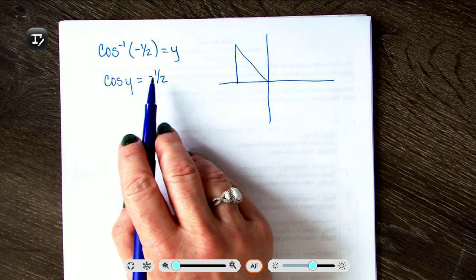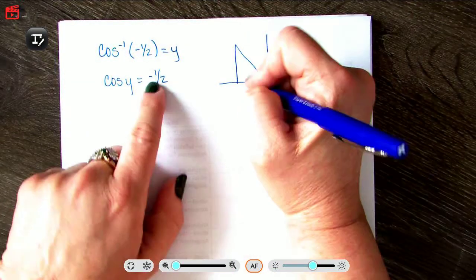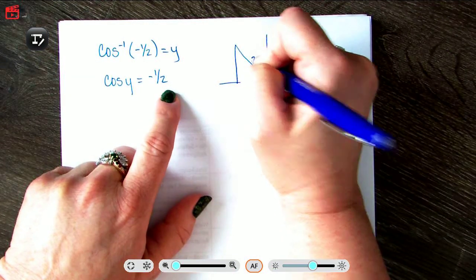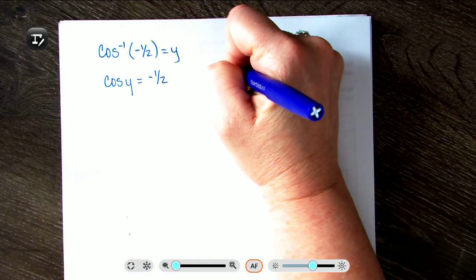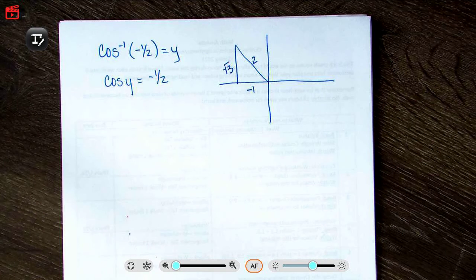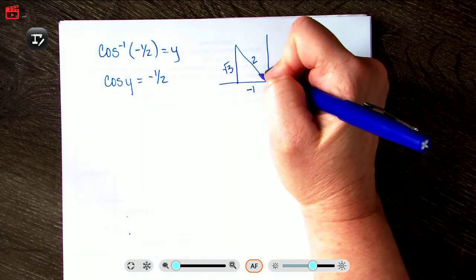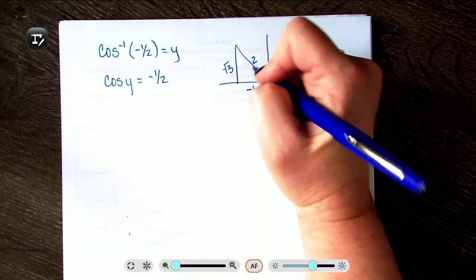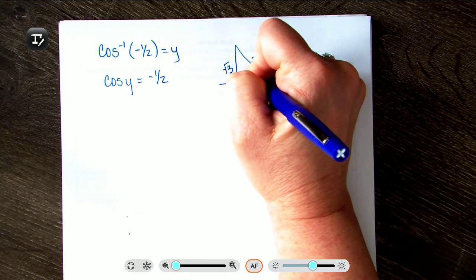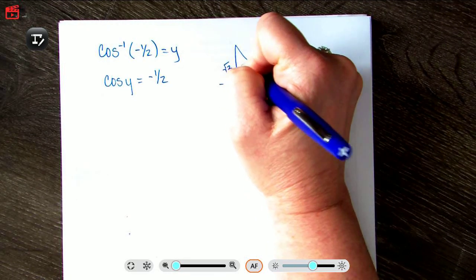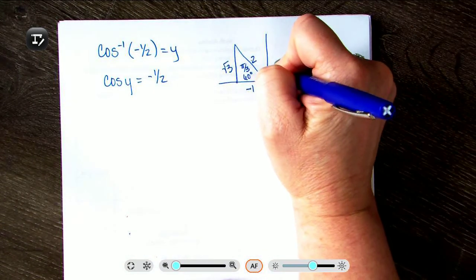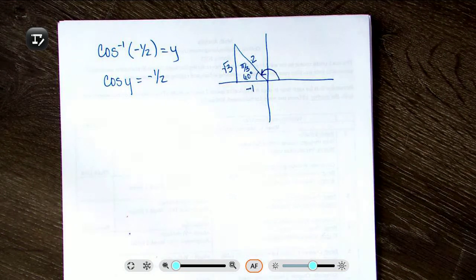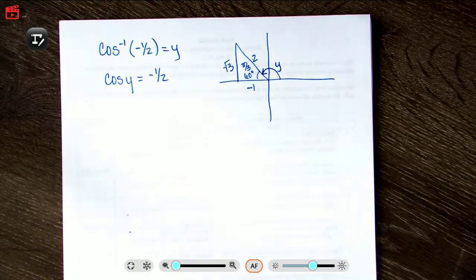Cosine is our adjacent over hypotenuse. So adjacent is going to be that negative 1 over the 2, making this our square root of 3 triangle, one that we like. Which means in terms of degrees, it's a 60. In terms of radians, it's pi over 3. But the angle that we really have is this guy, the angle to get us to that point.